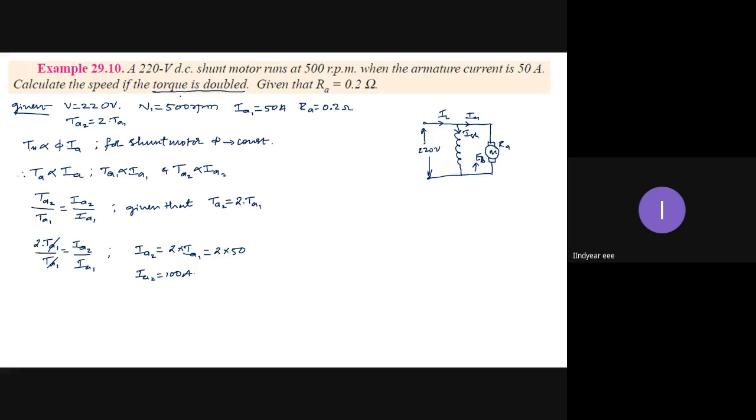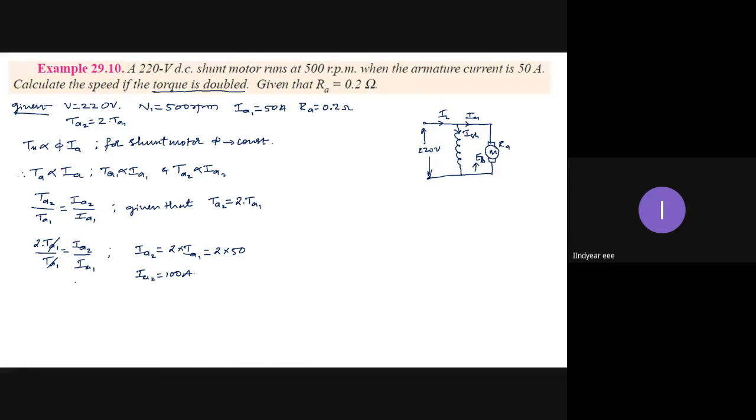In both the cases I should be finding the back EMF. Remember one thing, whenever I want to find the speed, you should find back EMF. This is almost like a thumb rule, because back EMF is the only equation which has the speed in it in all the DC machine analysis. So when it is asked to find some speed, it is a question of back EMF also.